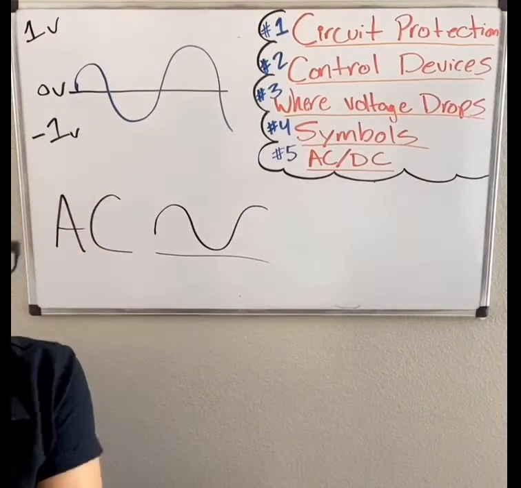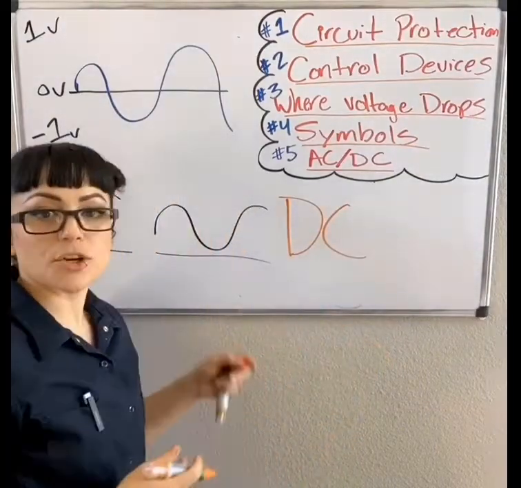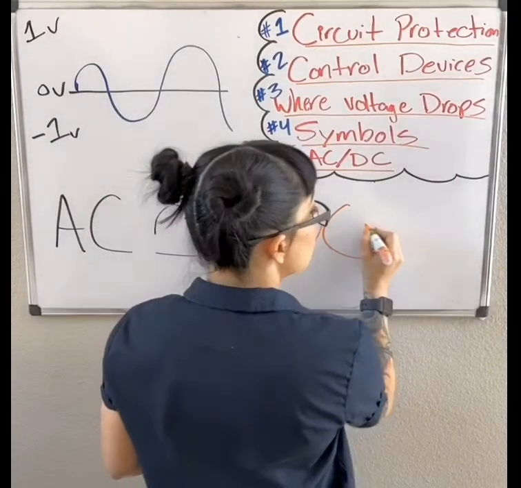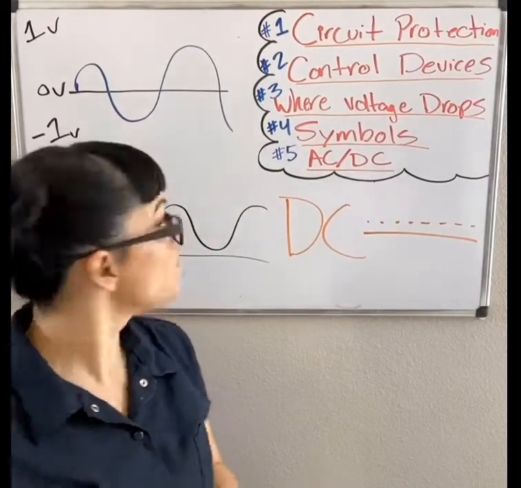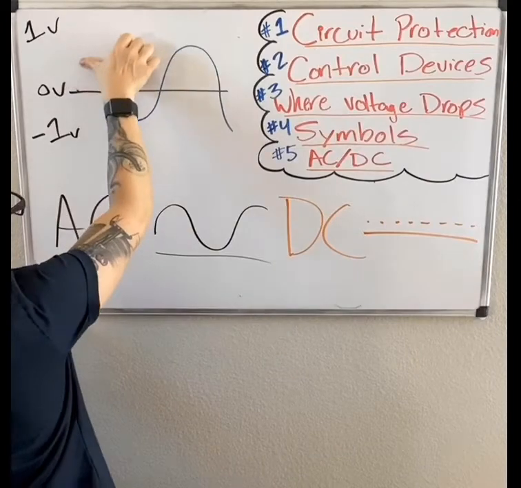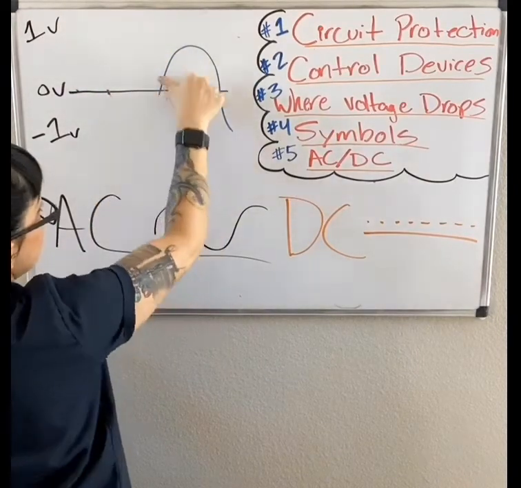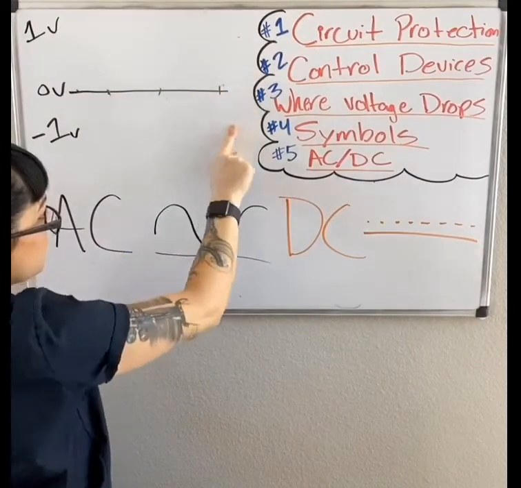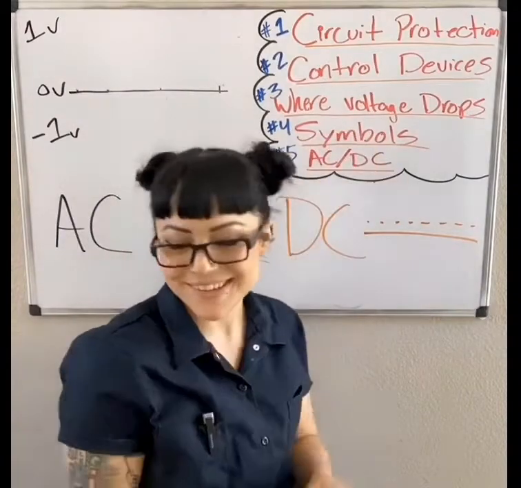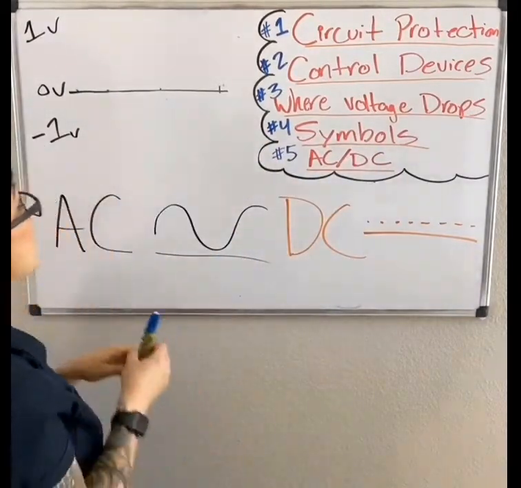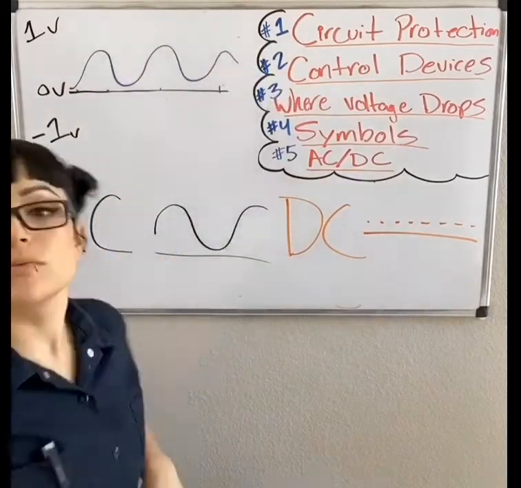Now, DC, on the other hand, is referring to direct current. And what that means is, first off, the symbol is a dotted line over a solid line. Sorry, let me get rid of all this. Instead of alternating positive and negative, we are looking at a graph where my voltage is anywhere above 0.